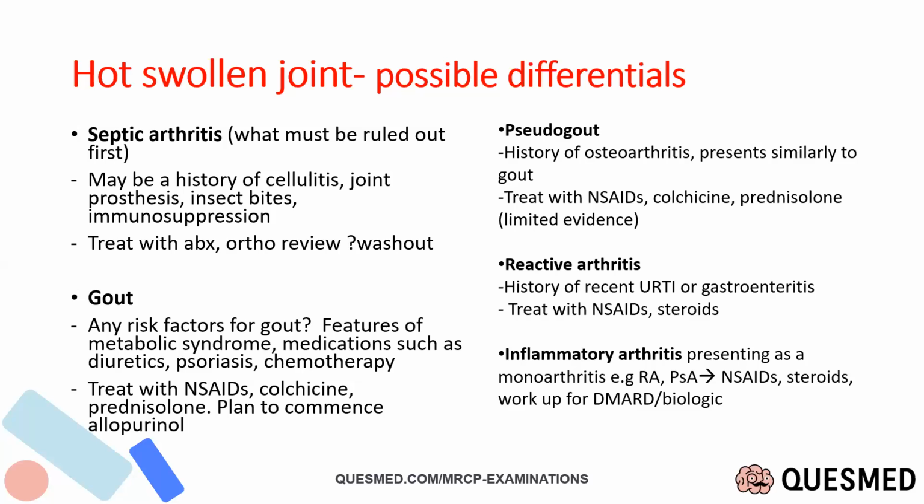And then reactive arthritis, the clue will be that the patient will have had a recent either upper respiratory tract infection or maybe diarrhea and vomiting with a gastroenteritis. And you again would treat that with NSAIDs and steroids. And finally, inflammatory arthritis, don't forget, can present just with a monoarthritis, or indeed, if you're having a flare of your condition, then you might just have a single joint that's playing up.